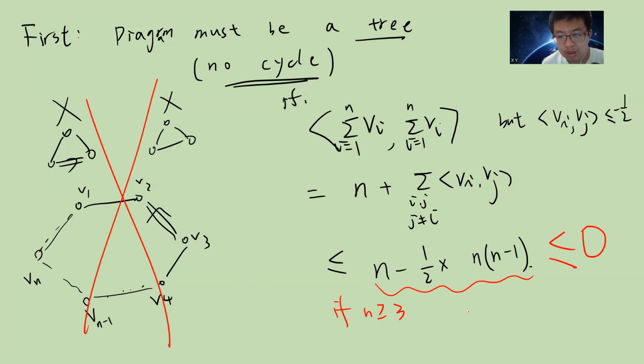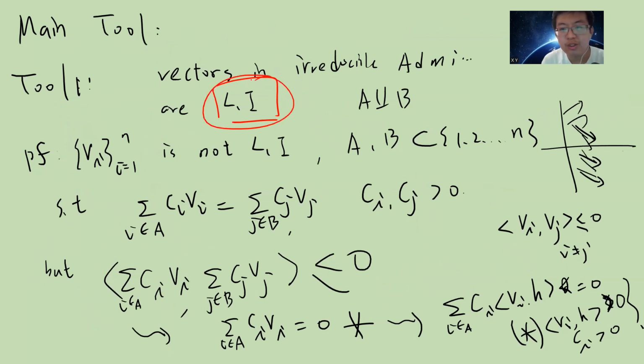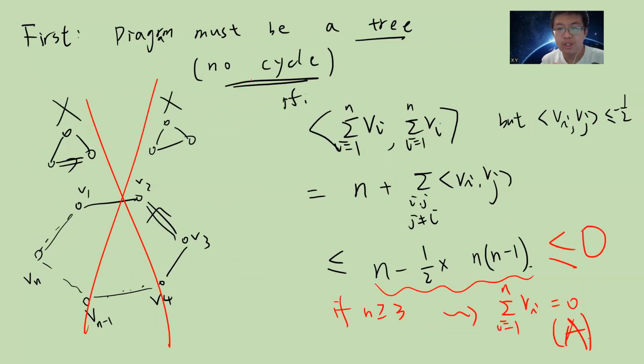So this tells you that the sum of the V_i must be 0. But this is a contradiction, because we just showed that they are linearly independent, so they cannot sum to 0. So the first one, I proved that the Dynkin diagram must be a tree.